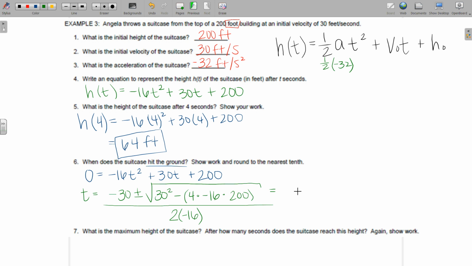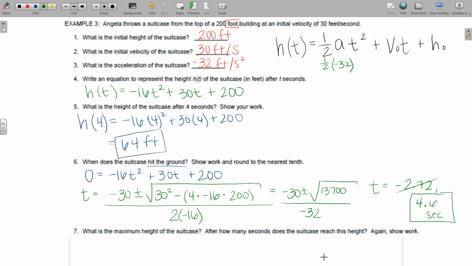So just so that you can check your work, I'll show you that for my discriminant, I get 13,700. So you should have gotten that as well. And when you type this in your calculator, you get a negative 2.72 and a positive 4.6. Well, negative time isn't going to make sense, so really 4.6 seconds is the answer that we are looking for.